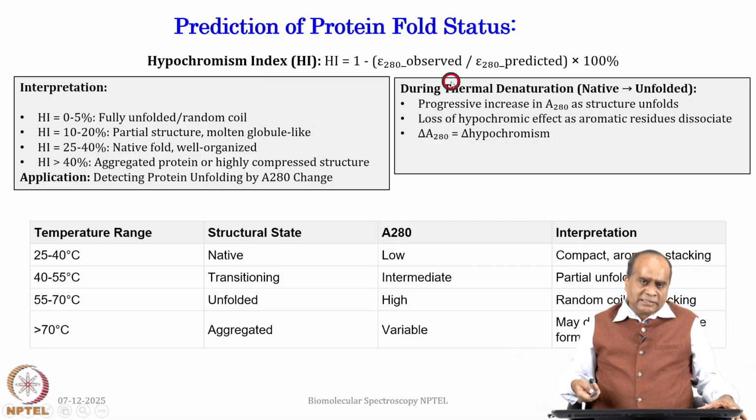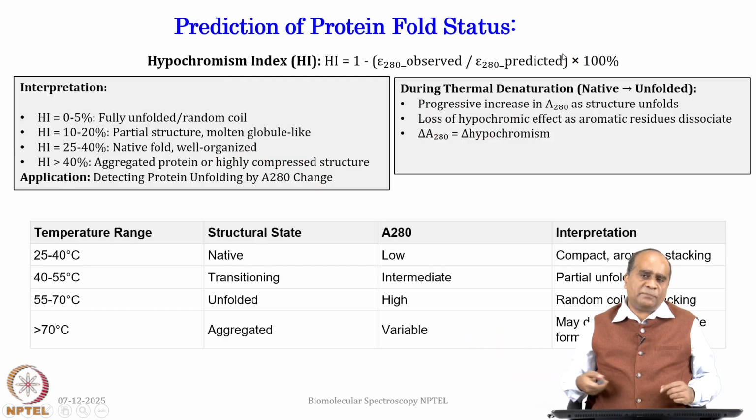So, essentially one can quantify it: fully unfolded random coil, then partially unfolded structure, molten globule, native structure or aggregated structure. So, this basically dictates the protein unfolding that can be measured as a change at 280, right.